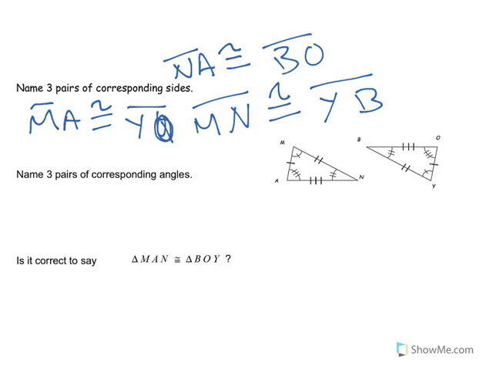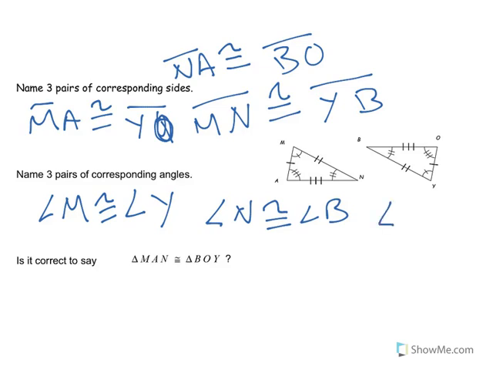Right? And then for the second, name three pairs of corresponding angles. So we say that angle M is congruent to angle Y, and angle N is congruent to angle B, and angle A is congruent to angle O. Right? So is it correct to say that triangle MAN is congruent to triangle BOY?